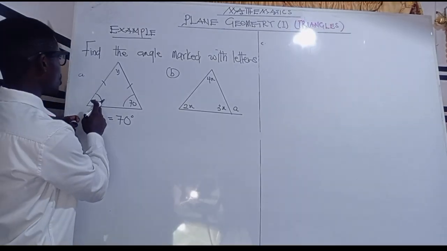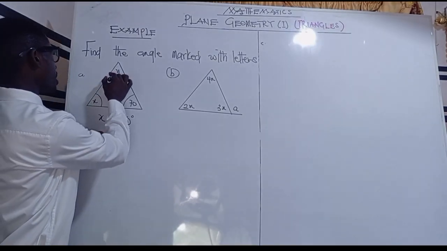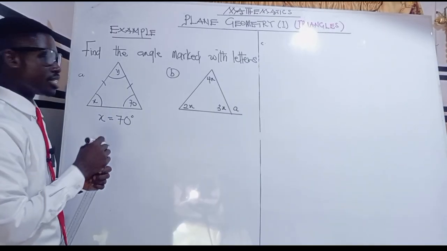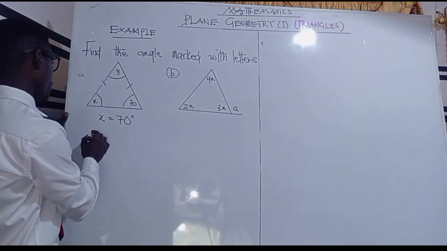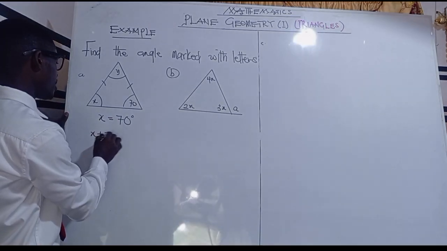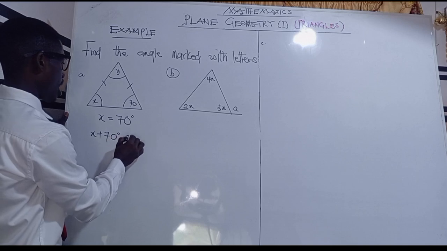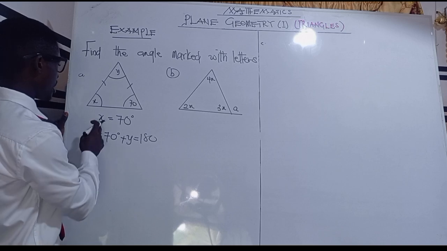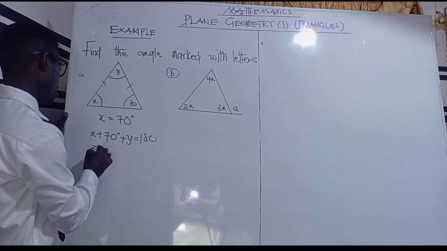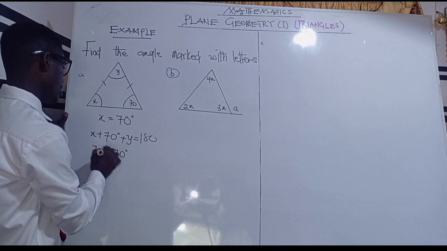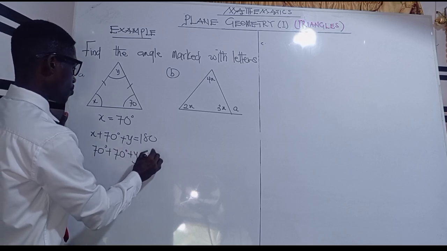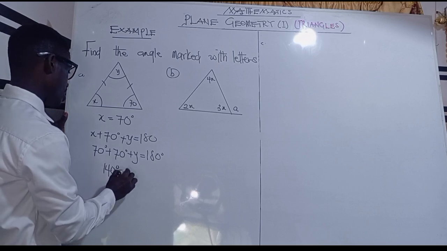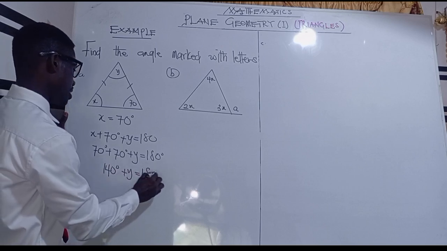Now that we know this angle to be 70 degrees, we can apply the interior angle of a triangle to find the value of y. So we can say that x plus 70 degrees plus y is equal to 180 degrees. Now we already know that x is equal to 70, so we have 70 plus 70 degrees plus y is equal to 180 degrees. 70 plus 70, we have 140 degrees plus y is equal to 180 degrees.